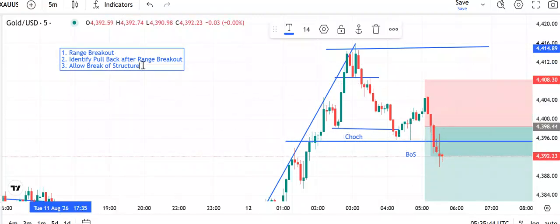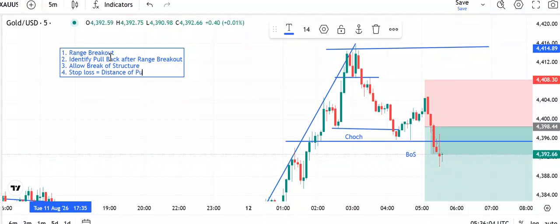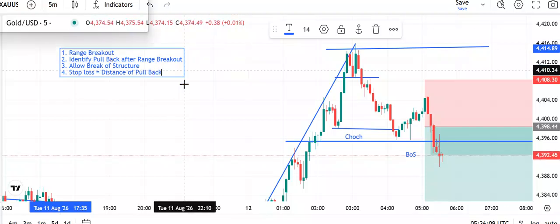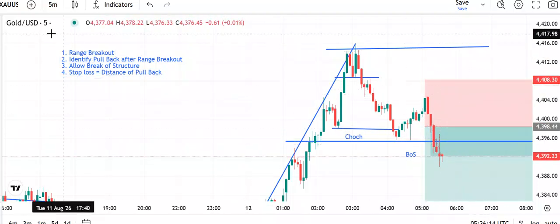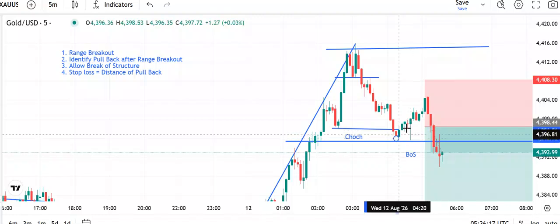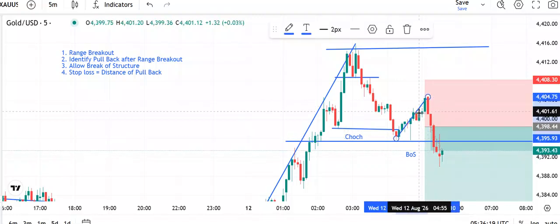Now, point number 4 is that stop loss equals distance of pullback from here to here, to this point that pullback.